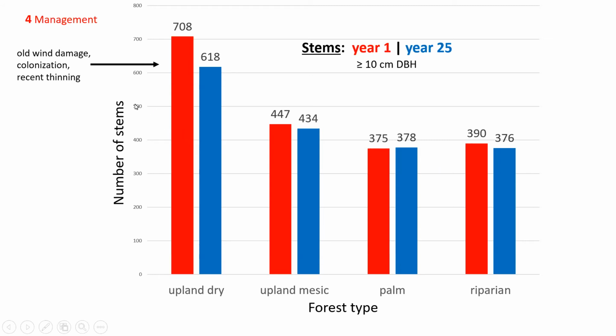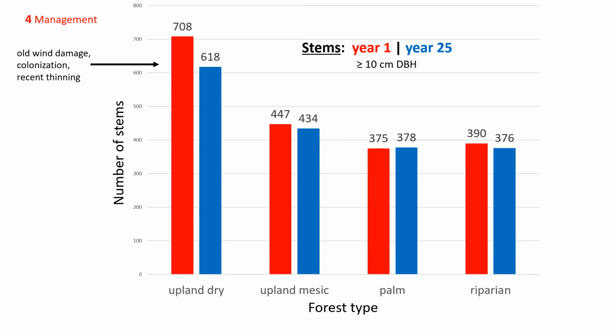But here in the upland dry, where there were a lot of stems at the beginning, there was quite a drop off in the number. And I think this is due to natural disturbance, which doesn't disqualify the plot as being old growth. But I think about 25 years before we set up this plot in 1991, there had been a severe windstorm, perhaps the edge of a hurricane. I don't think the hurricane passed over.